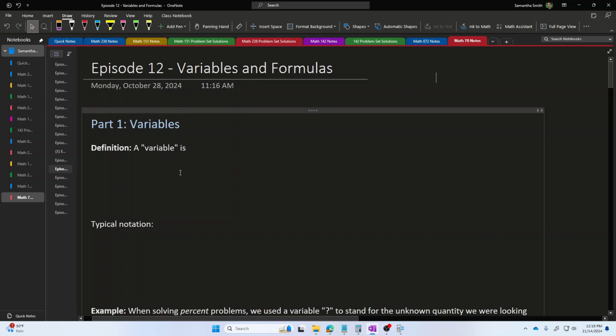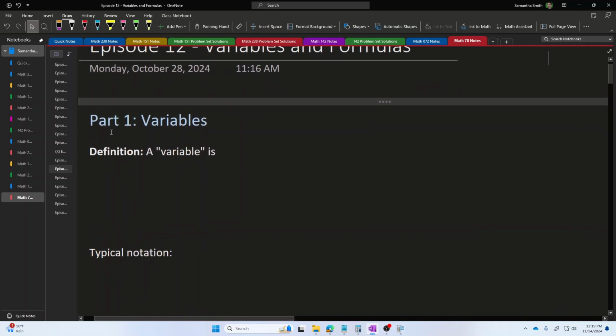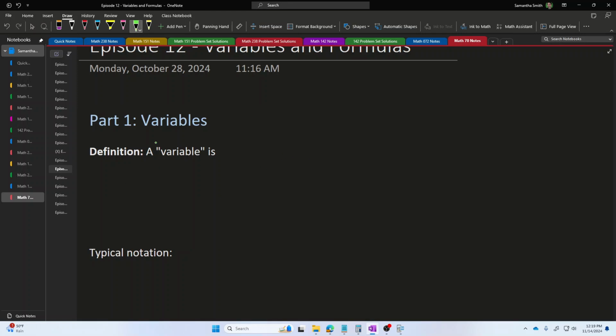In mathematics, when we're working with a number that is not yet known, or a number whose value can potentially change and shift over time, those unknown values are called variables. A variable stands for a number which is unknown or which might be changing.